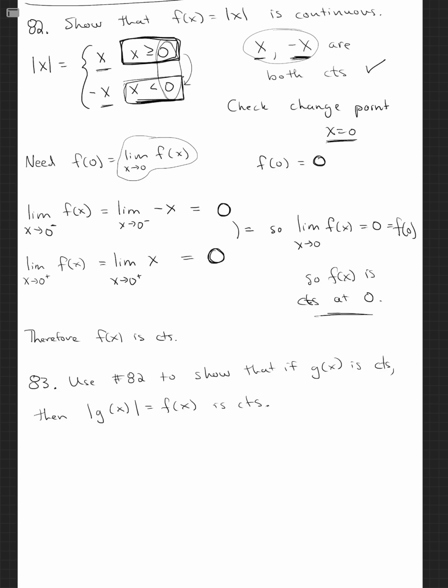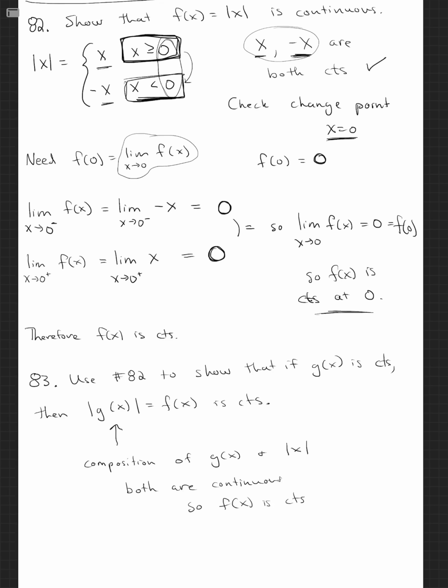Now, if g of x is continuous, we just showed that the absolute value of g of x is continuous. So this is the composition of g of x and the absolute value of x. Both are continuous, so f of x is continuous by the composition rule that we used a couple of times up there.